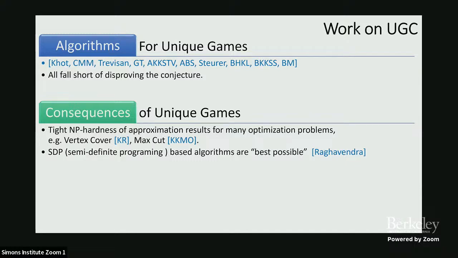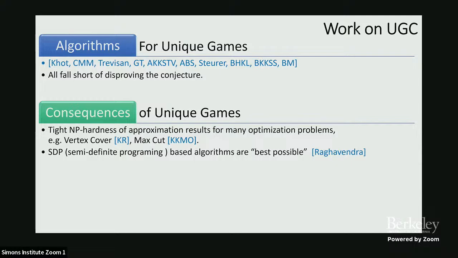So this was a very nice work. But an even, I think, more influential work was this hardness result for Max-Cut, which really opened the floodgates for consequences of unigames. And following this, there have been a lot of works. And I hope that I'm not offending anybody by saying that probably the most notable result in this business has been Raghavendra's result, that basically says that you can look at the class of constraint satisfaction problems, which is a huge class of problems, and assuming UGC for all of these problems, the best you can do is a semi-definite programming algorithm.